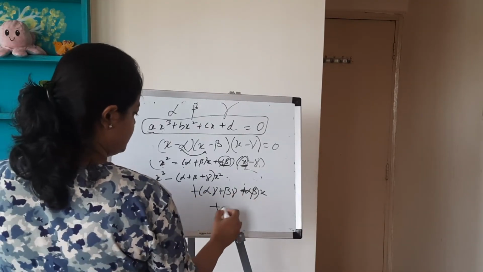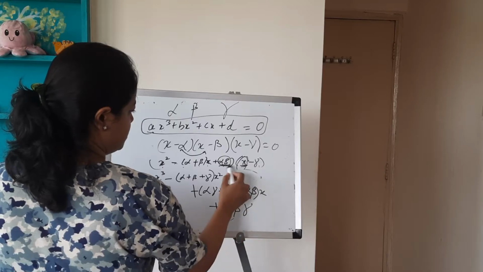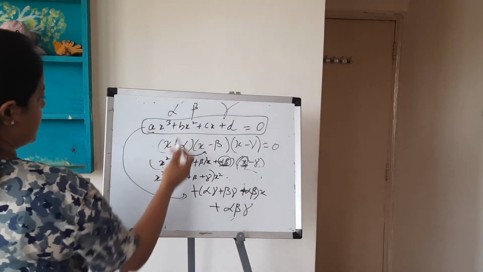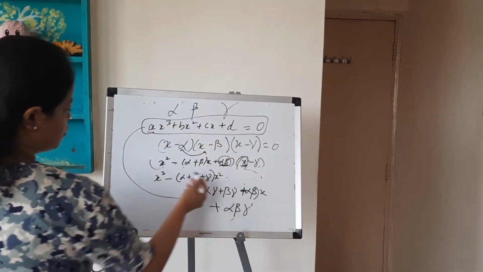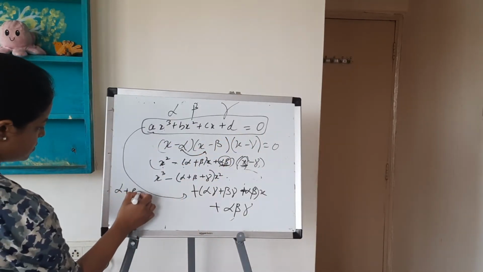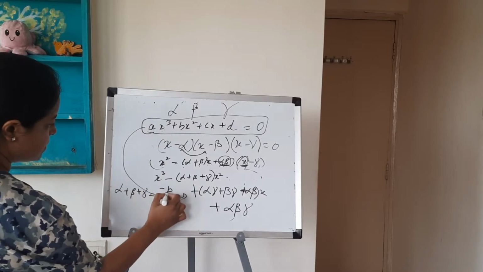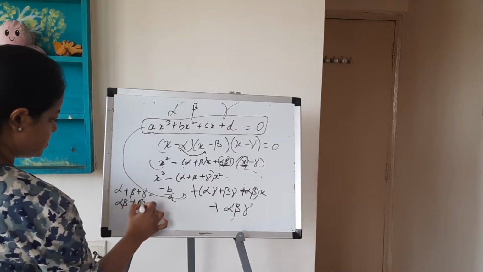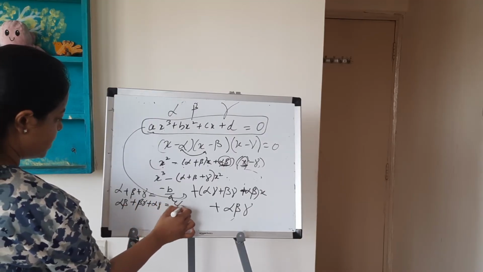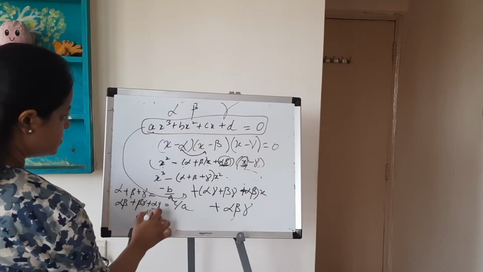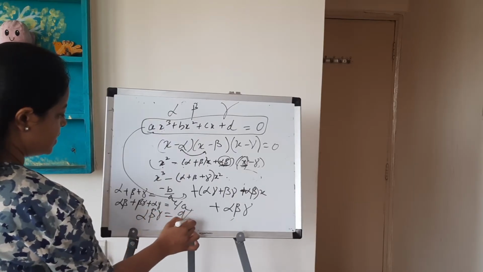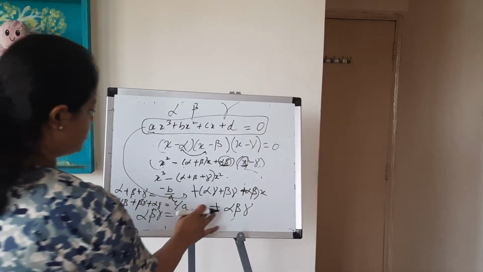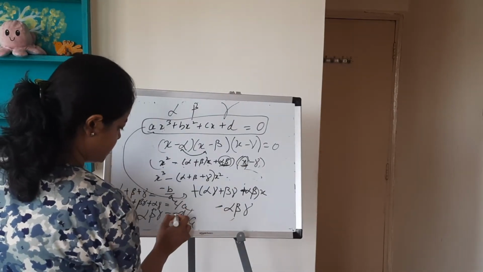So this is there, and alpha beta gamma. Now if you look at this and this, again divide this by a. What do you get? The sum of the zeros is minus b by a, the sum of products of pairs is c by a, and the product is d by a. I think there's something missing here. Let me just see. This is actually not this, it's minus. So this is minus d by a.